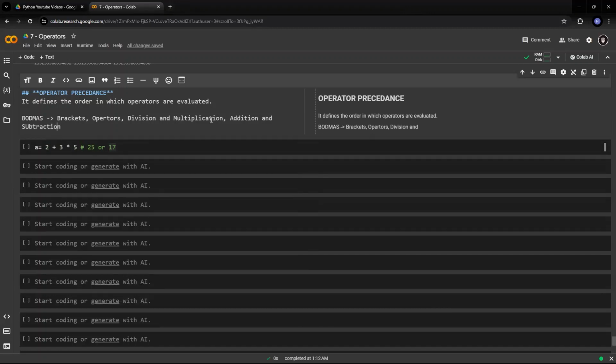So this is the operator precedence for arithmetic operators.